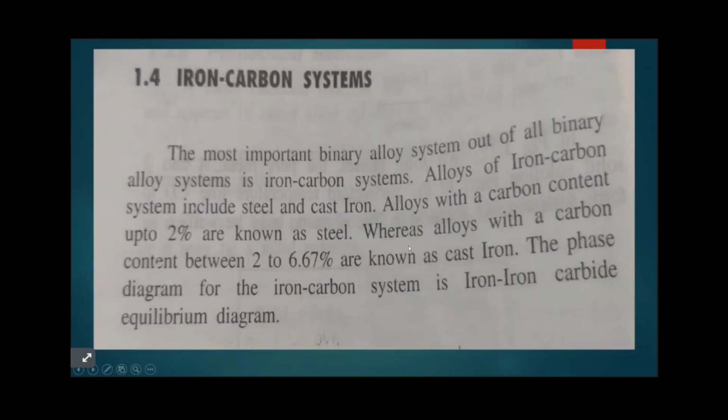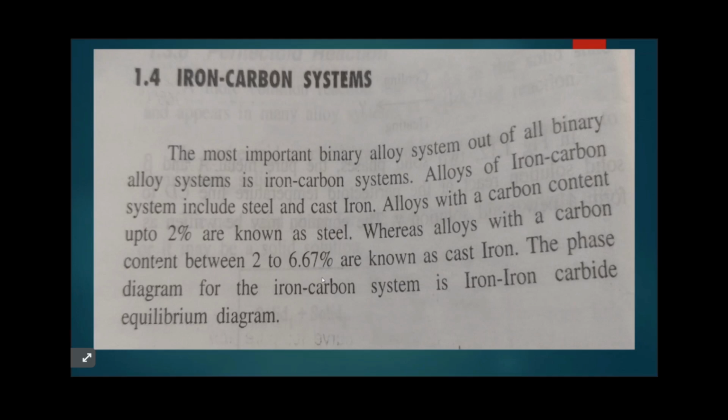Now we are going to see the iron-carbon equilibrium diagram. The iron-carbon equilibrium diagram covers carbon percentage from 0.02 percent to 6.67 percent.